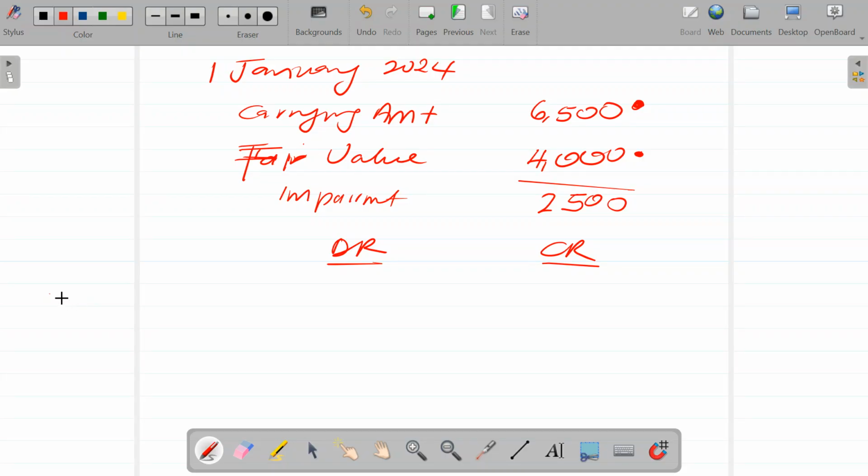We'll debit our asset held for sale. This will be under current assets. So we debit it under current assets.